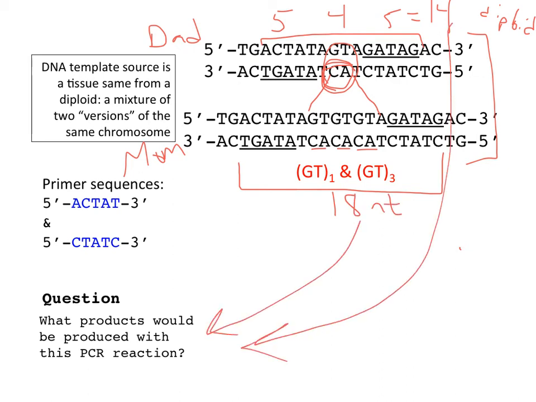So if you happen to be, like me, heterozygous, a term you've probably heard before, you've got differences on your 2 different copies of the same chromosome. If you're heterozygous, you would produce 14 nucleotide and 18 nucleotide PCR products using the same pair of primers.